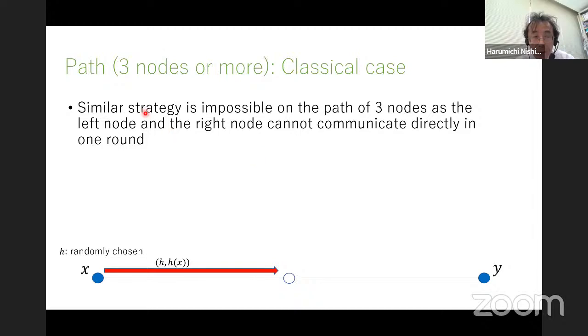Now we consider the three-node case. In this case, a similar strategy is impossible because we consider only the one-round case. So this node sends the message to the central node, but cannot send to the right node directly.